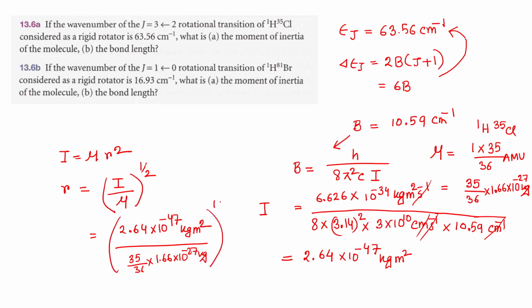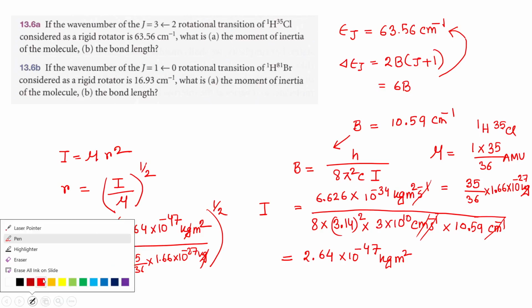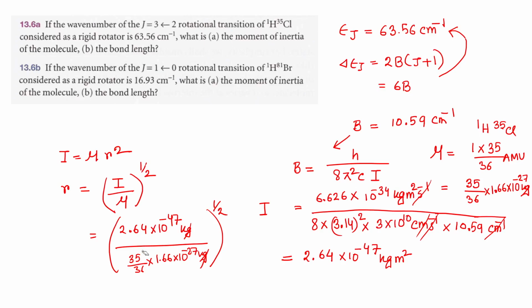To the power half. Kg and kg gone, meter square is there, but if I take it outside the bracket, it would be meter, because the square root is there.